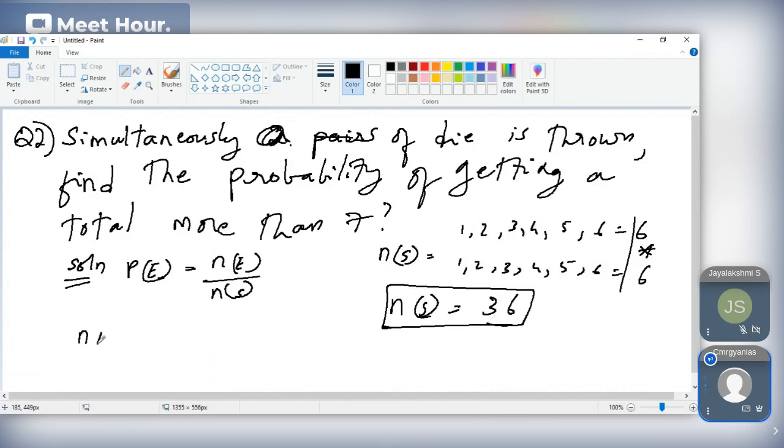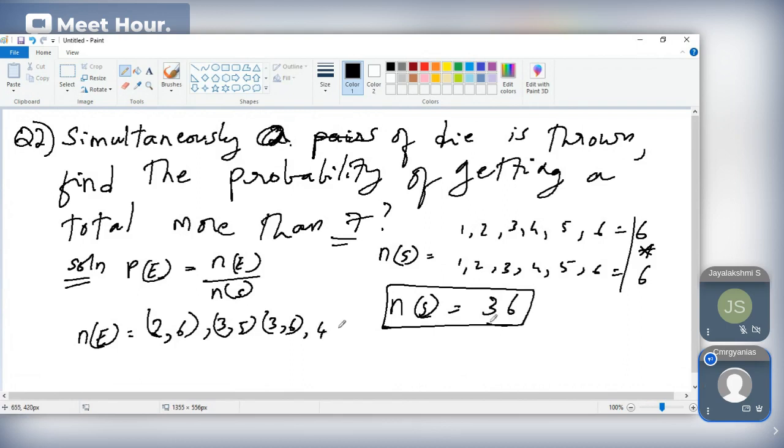But N of E, I'm telling, total more than 7. So what all can be: in the first die 2 can come, in the second die 6. So total more than 7. This is one combination. 3 and 5, then 3 and 6.